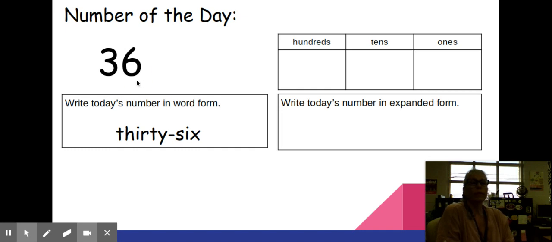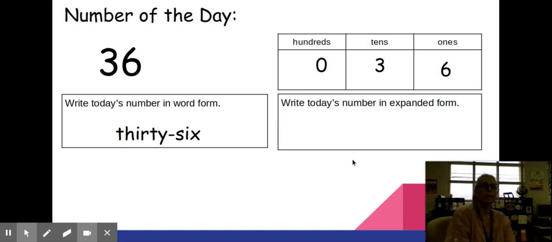And we have 6 ones, 3 tens, and once again, this is a 2-digit number, so there is nothing in the hundreds column. We don't write it at the front because we just know it. There's nothing there. But in our hundreds chart, we need to say that we have 0 hundreds.